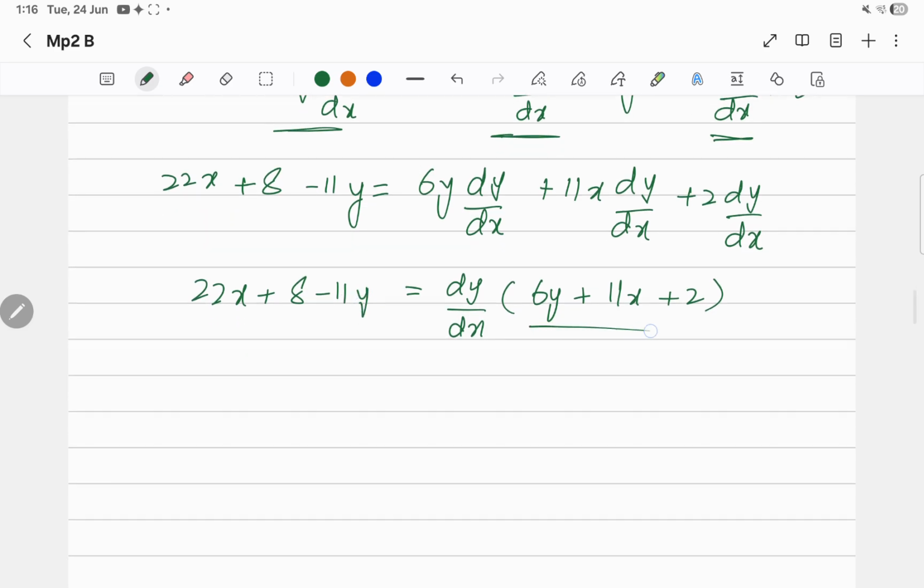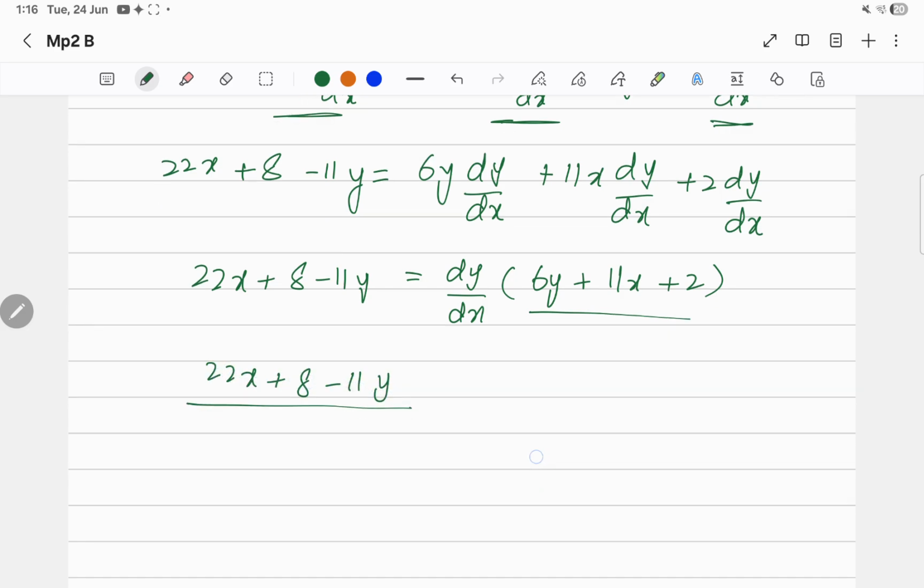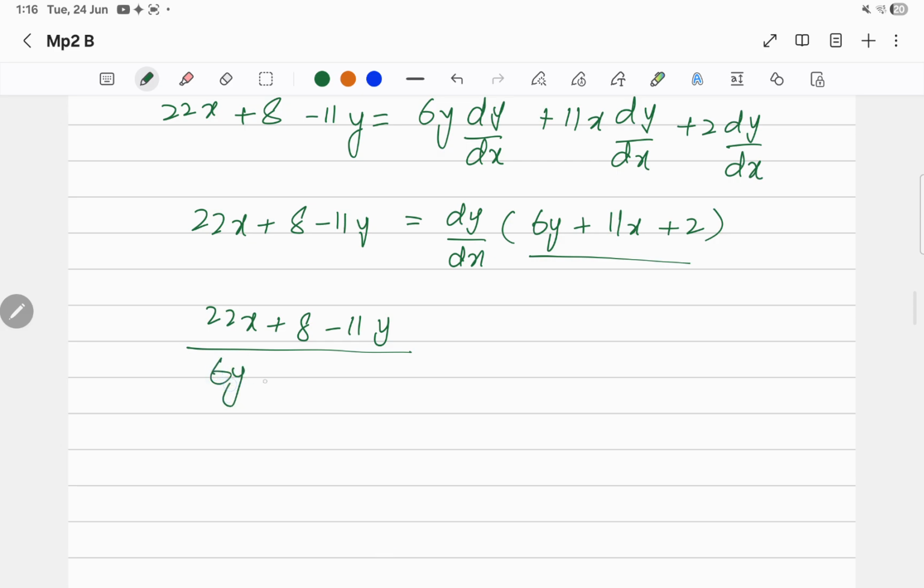So this factor you can take to the left, so it will be 22x plus 8 minus 11y over 6y plus 11x plus 2 equals dy over dx. So yeah, this is the required derivative.